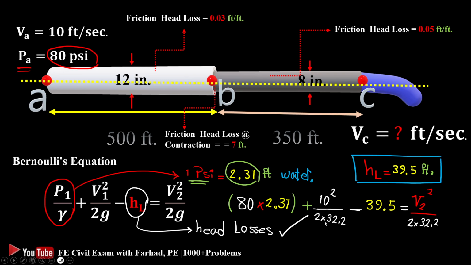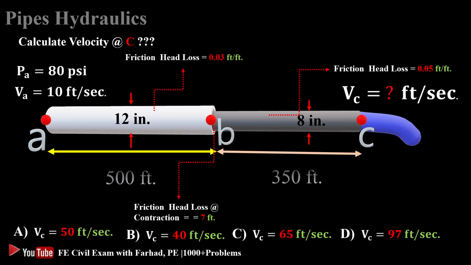The only unknown in this equation is the velocity at point 2, which is what we are looking for in this example.